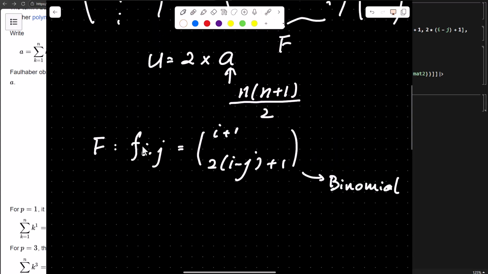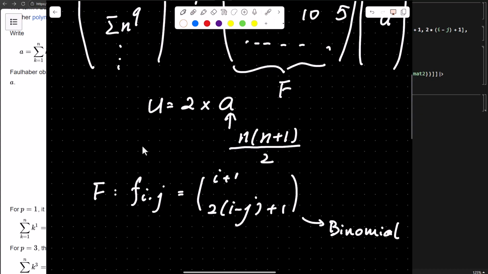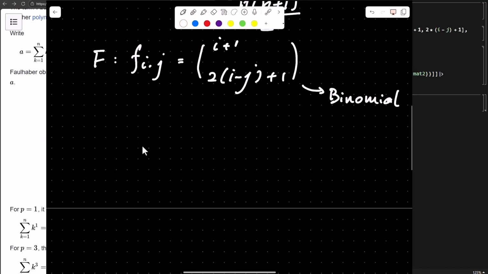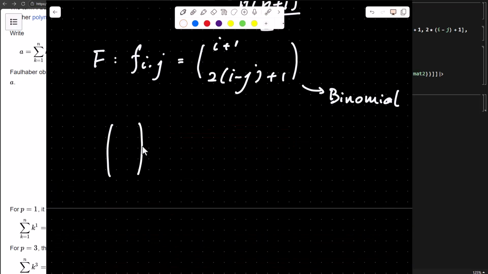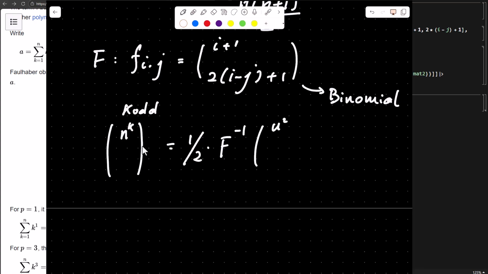And of course, the above computation can be written as K odd equals 1/2 times F inverse times u squared, u cubed, u fourth, dot, dot, dot. So this is the F matrix.